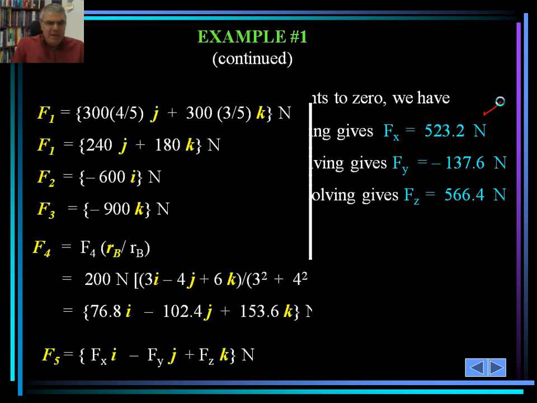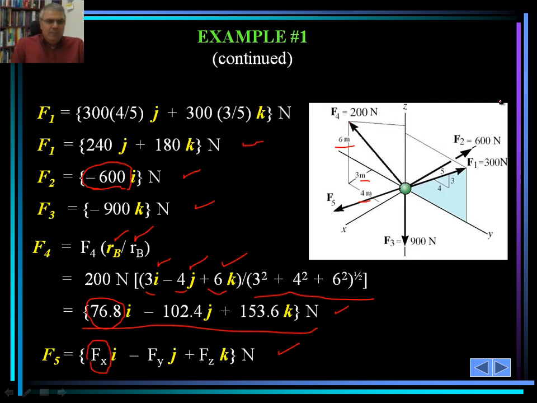Let me go back and take a look at the J components. Now on the second step, I'm going to take the J components. In this case, there is a 200J. I'm going to try to show this in a rectangle, 240J here.